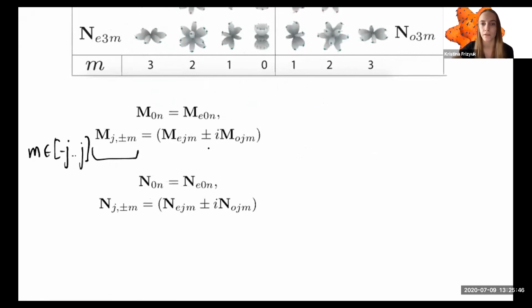And here m is only positive, from 0 to j, just because here we have 2 instead of 1. This is cosine, this is sine.